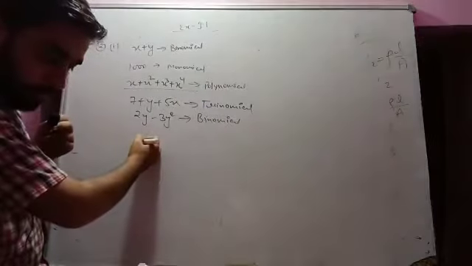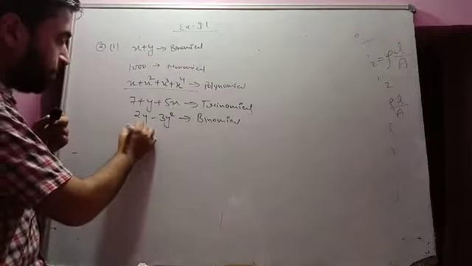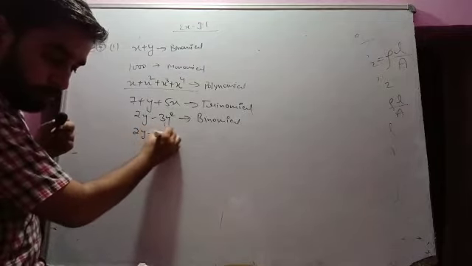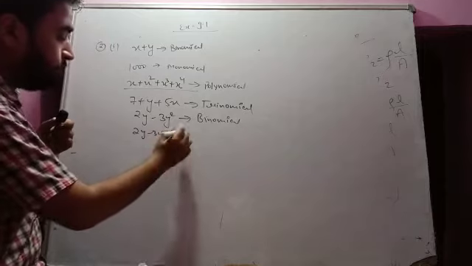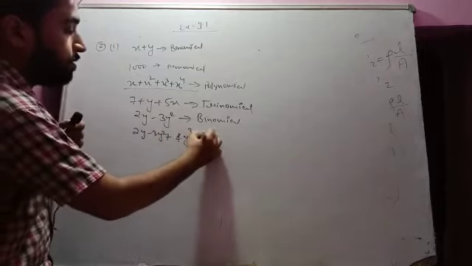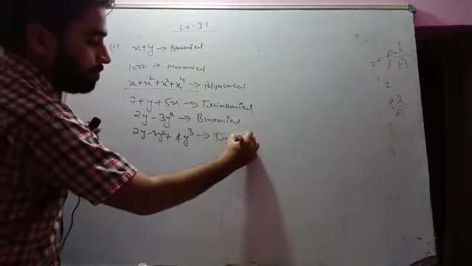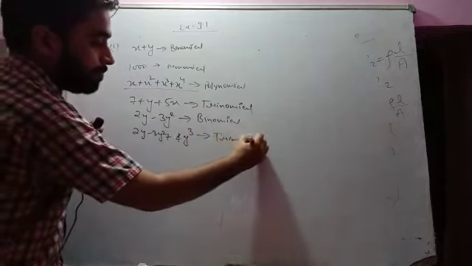Then next one, 2y minus 3y square plus 4y cube. There are a total of 3 terms. This will be trinomial. And p square q plus pq square. I am not doing all the parts, I am just doing a few special parts. The rest you may do by yourself. There are a total of 2 terms, so we will use binomial. You can do this question by yourself.